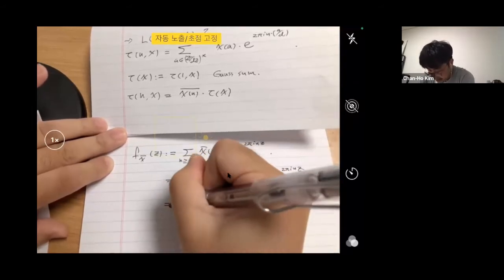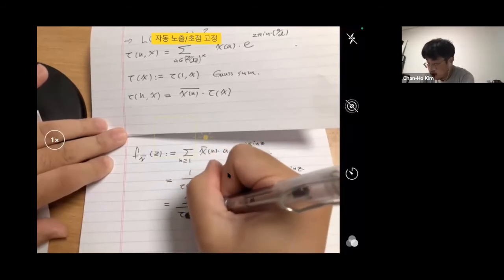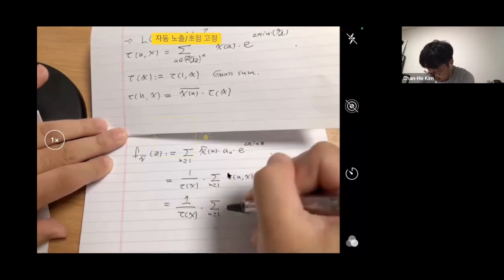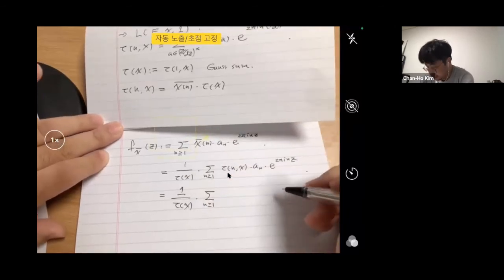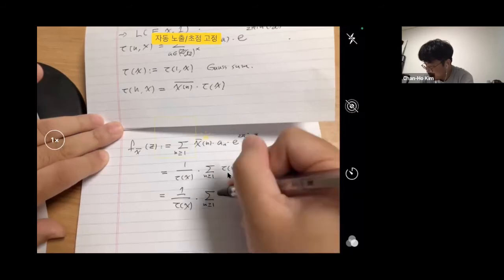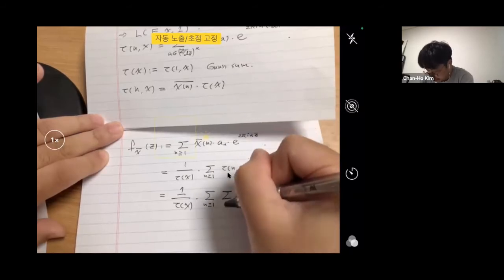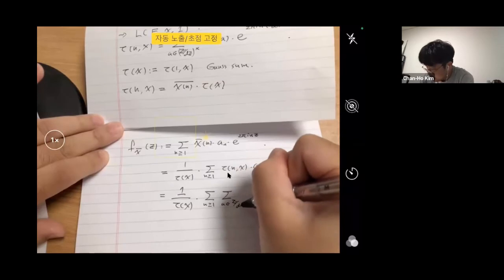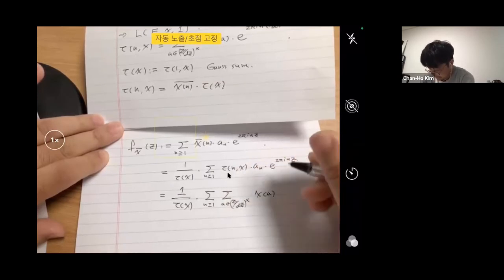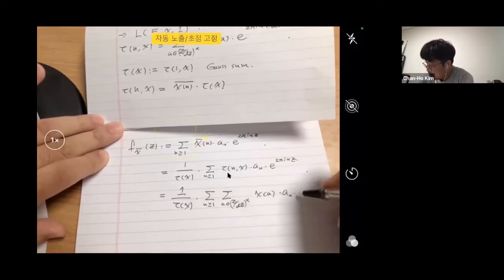And rewriting again, 1 over tau(chi), the same sum, but now I decompose using the character chi. So the sum runs over a in (Z/dZ)^×, and chi(a) times a_n, and e^(2 pi i n (z + a/D)).